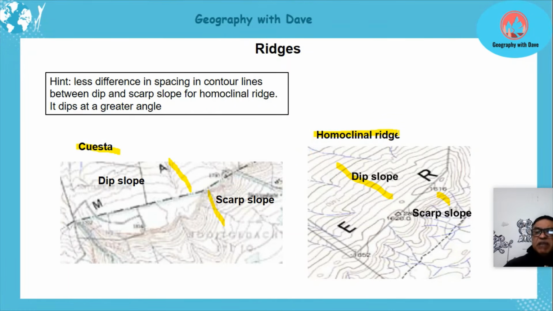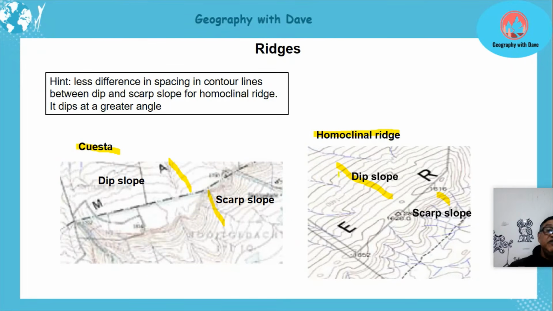But if sometimes it's not very clear where you see the distance apart, all right, then look carefully and you can call it a homoclinal ridge. All right. And of course, if you take a Hogsback, the lines will be so close you can't really make the difference. But I just showed you the homoclinal and the Cuesta.